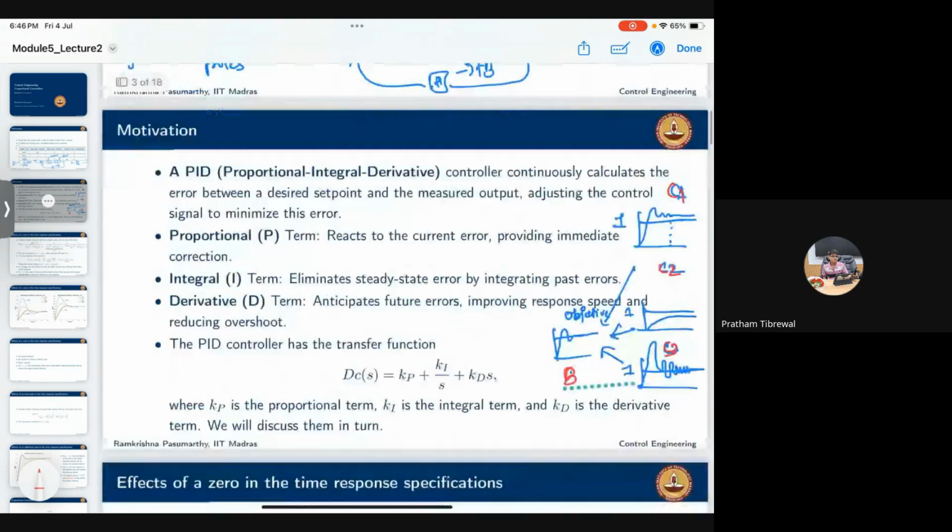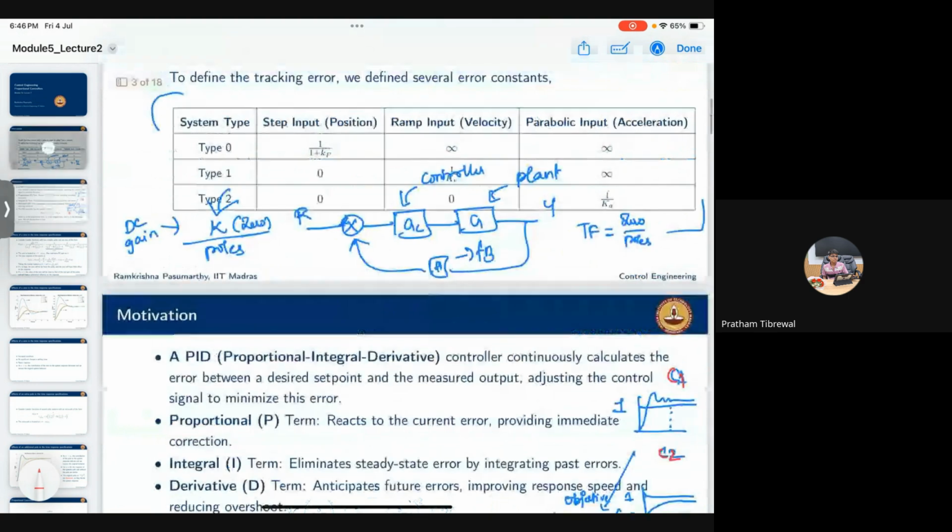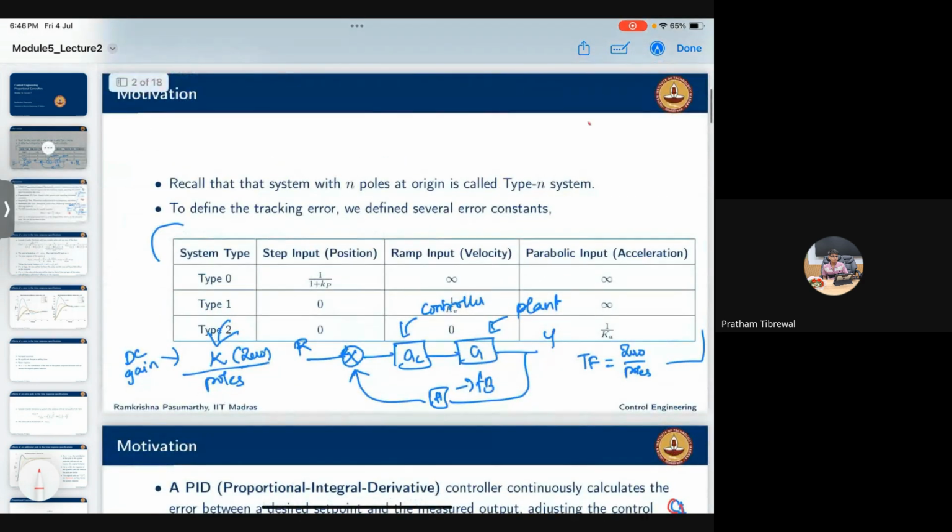Now there are three things. We are starting with the simple thing. Since I have this K, zero and pole, this is the original system. Some numerical terms will come; I'm just considering the standard form. Now if I change the K to KC, how is my system going to behave?